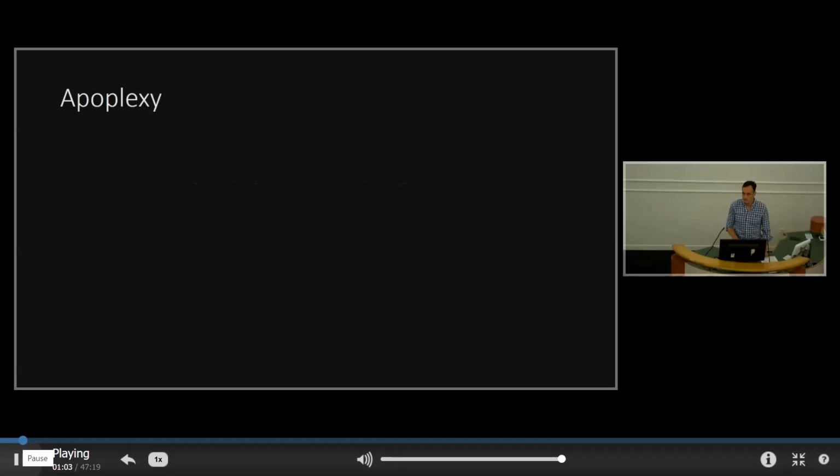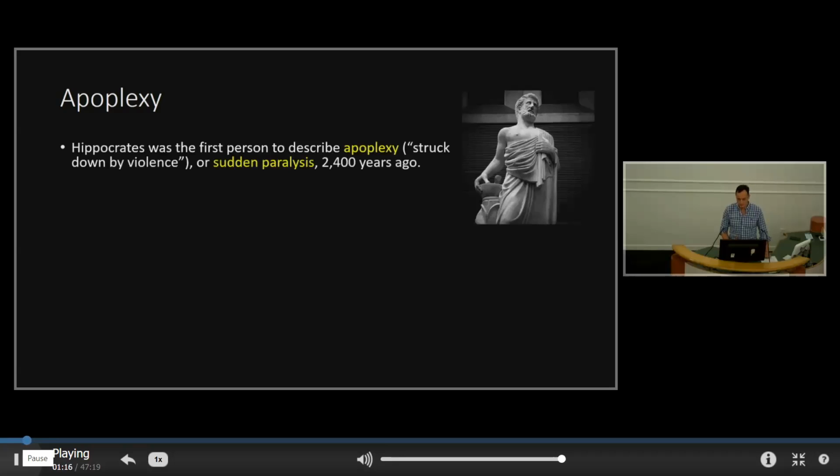Apoplexy. I'm not sure if too many of you have heard of the word apoplexy, but that is what stroke has actually been called for most of human civilization's history. Apoplexy was a fairly non-specific term, and it means literally struck down by violence. Hippocrates was actually the first person to describe it in its relation to stroke, and he was describing strokes, both hemorrhagic and ischemic.